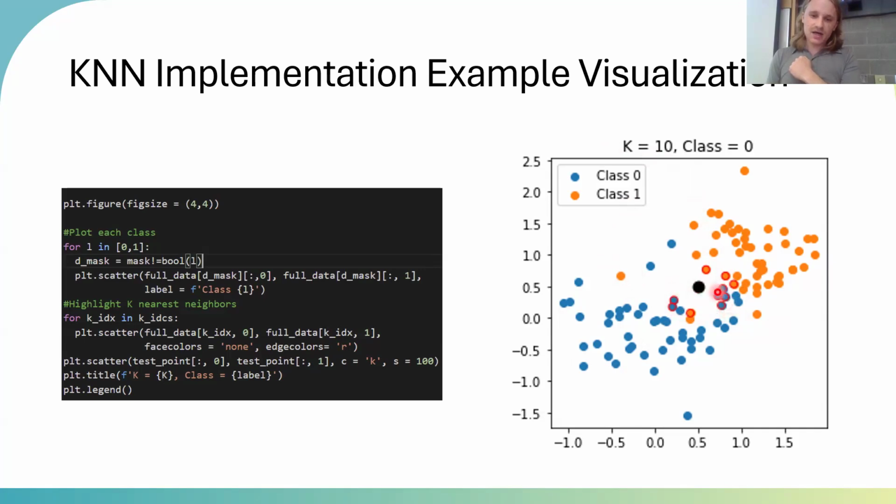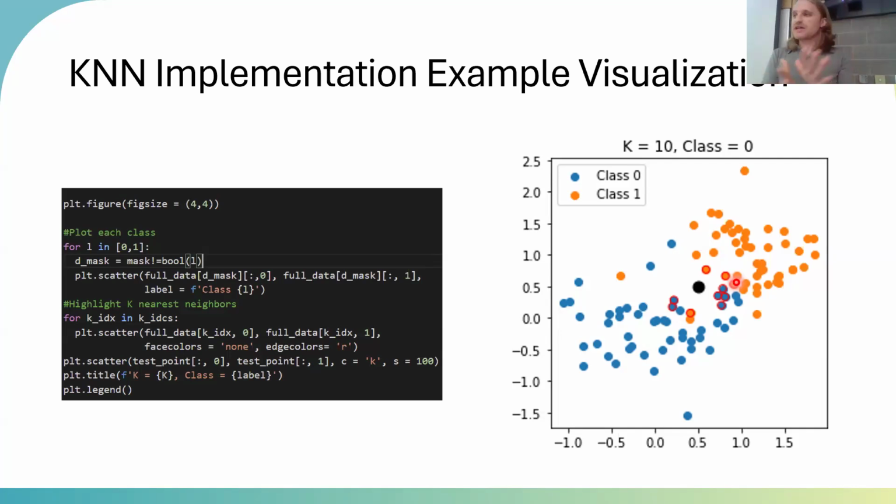You can see it's on the boundary, but looks a little closer to the blue points. There are 6 blue points selected and only 4 orange points within those 10 nearest neighbors. So this one would be classified as belonging in the blue class.